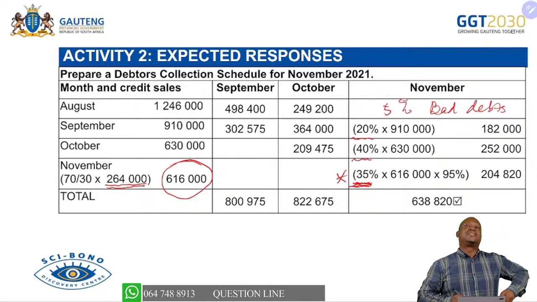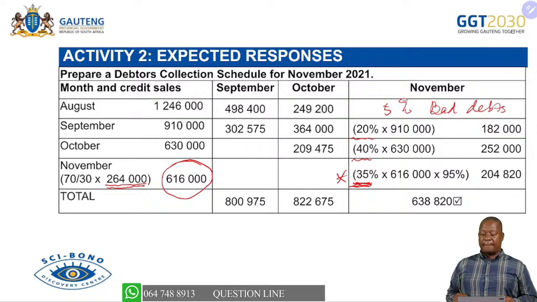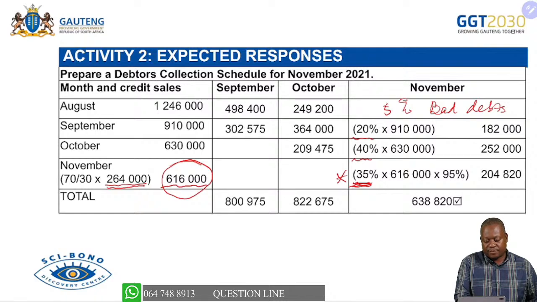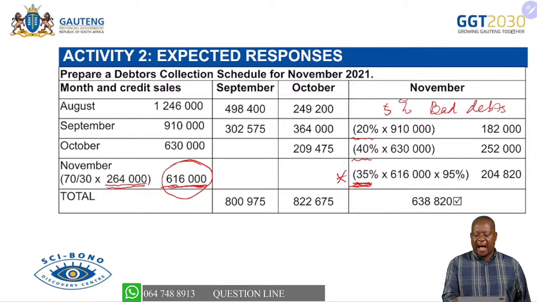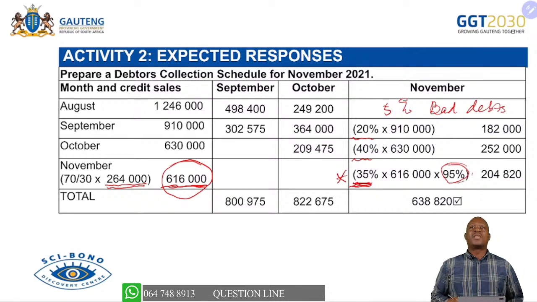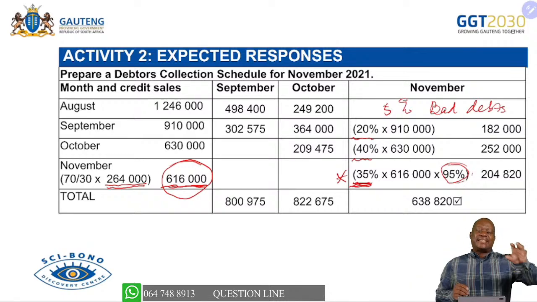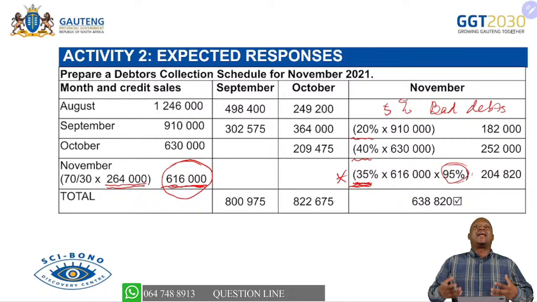Now, let's deal with the first month, November. So we are going to say 35% of the credit sales, which is 616,000. We multiply by 95%. Why 95%? When the debtors are getting a 5% discount, it means they are paying us less the discount percentage. So what percentage are they paying us? 100% less the 5% discount.